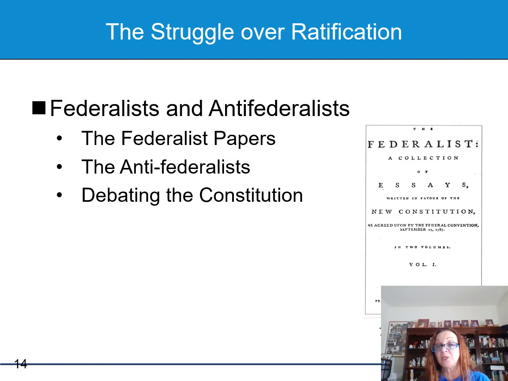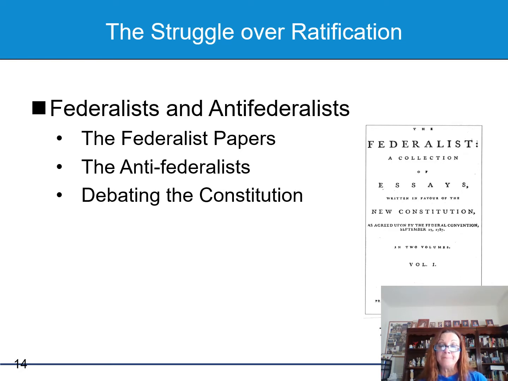And that's one of the reasons they included the Electoral College in the original Constitution, was to assure the small states that the small states would have a voice in selecting the president. Because if the president was selected only by population, by the popular vote, then only the big states would have a voice in selecting the president. So that was one of the reasons the Electoral College was included.